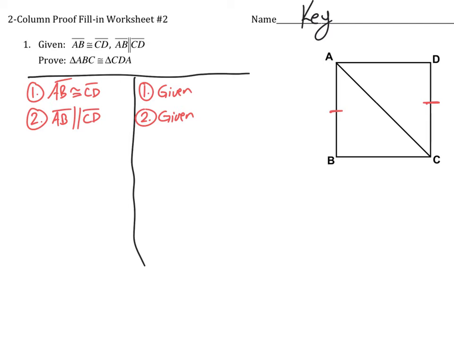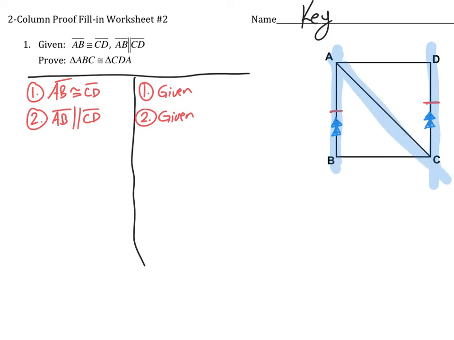And if those lines are parallel, then I can make parallel marks. AB is parallel to CD, like that. Now I know they're parallel, so I can also highlight them as parallel. And whenever you have parallel lines, you want to identify that there's a transversal with it as well.